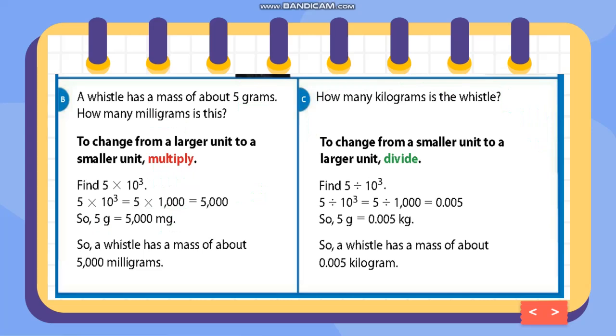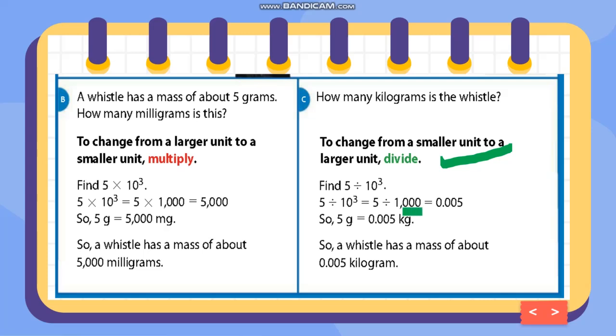Now, how many kilograms is the weasel? To change from a smaller unit to a larger unit, we need to divide. So 5 grams divided by 1,000. Because we're going to change from a smaller unit, which is gram, to a larger unit, which is kilogram. When we divide 5 by 1,000, just count the number of zeros.